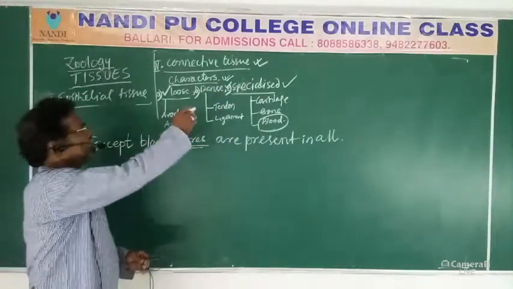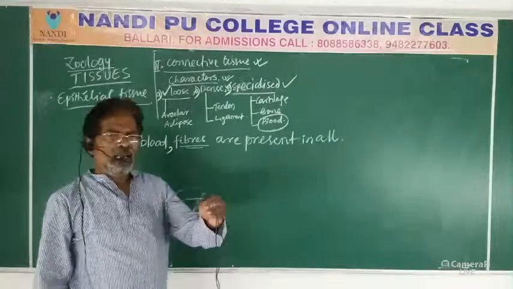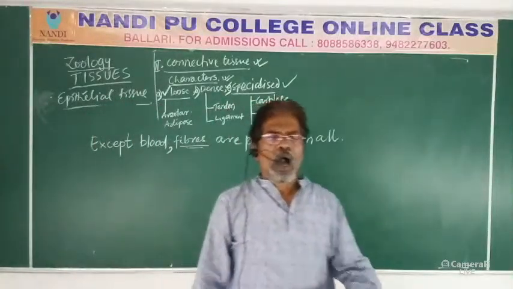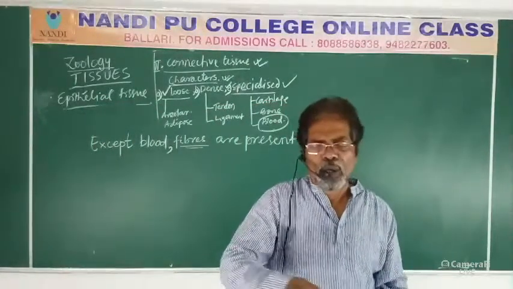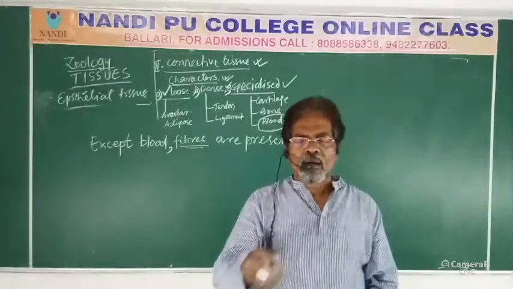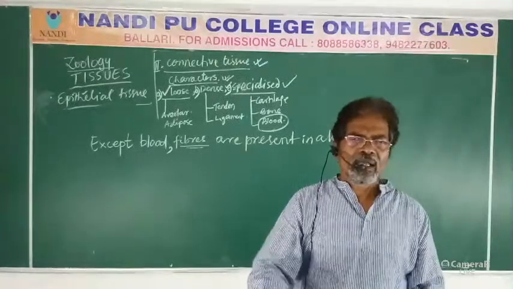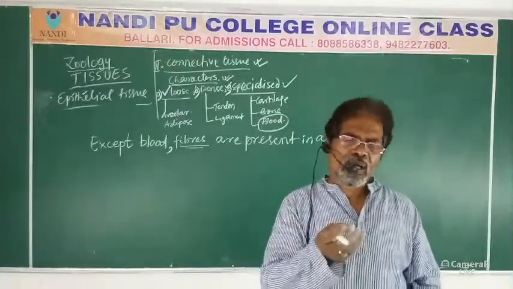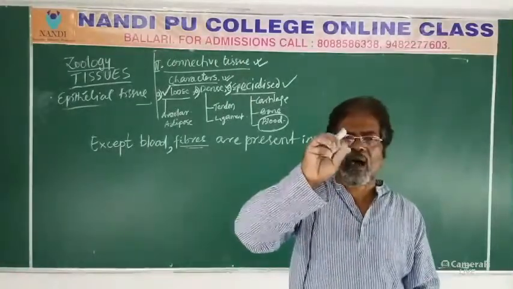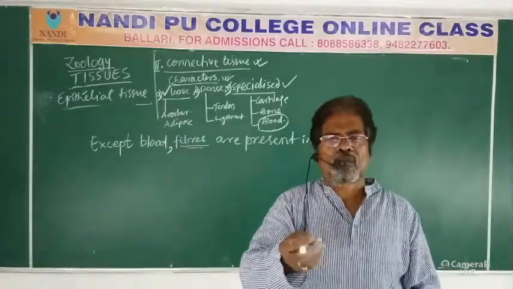Now this loose or dense is decided depending on the nature of the matrix, how fluid it is. If the matrix is fluid-like or semi-solid, how much is it? If it is very less, it is a bit thick and hard, or it is very soft.